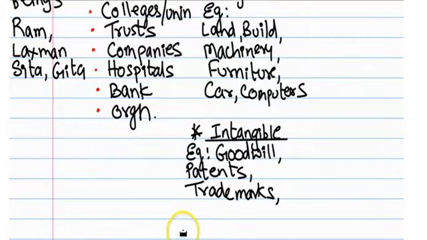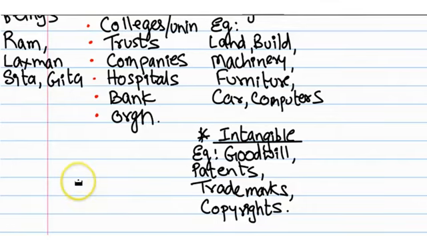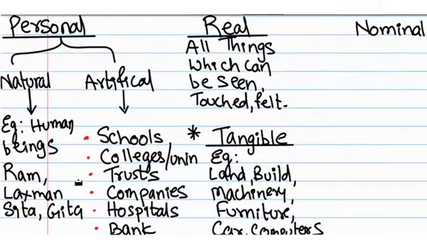It is actually there, but it cannot be seen, it cannot be touched. Apart from this, all types of technology and copyrights are examples of intangible real accounts, which actually exist in the business but cannot be seen or touched or felt. So these are two different types of accounts: one is personal account and one is real account.